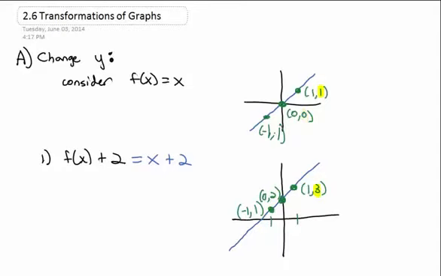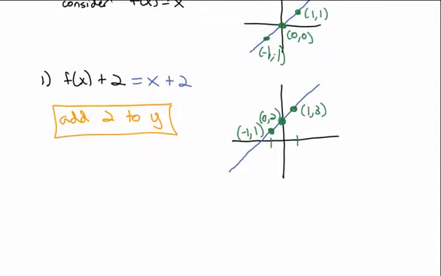How are all these y values changing? What you should notice is that, keeping the x the same, we have always added 2 to the y. So I want you to notice adding a number to the end of a function adds that number to the y coordinate, which we might expect.